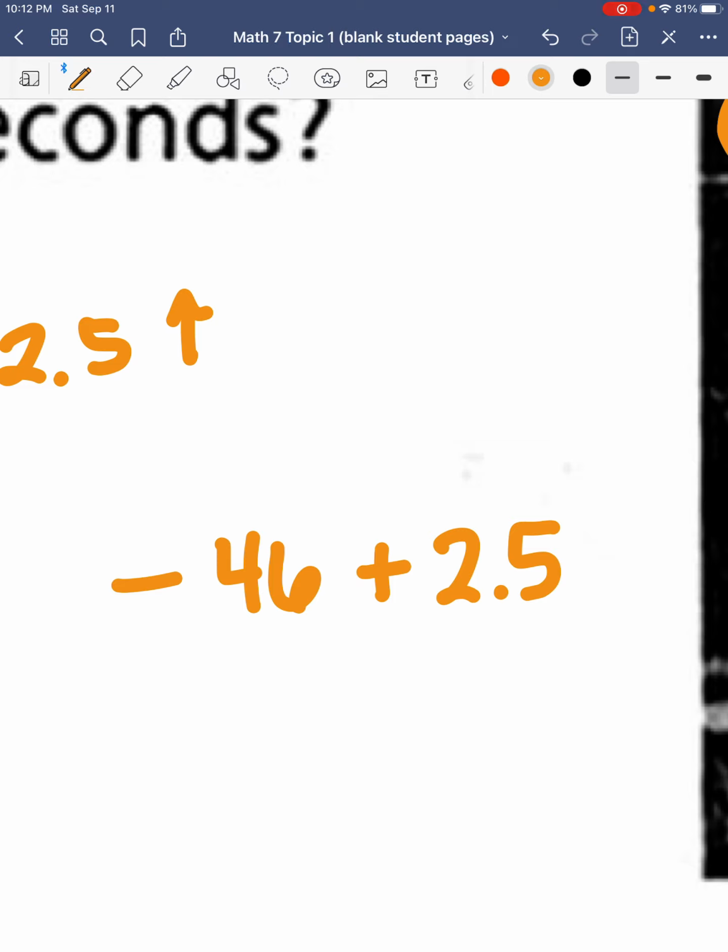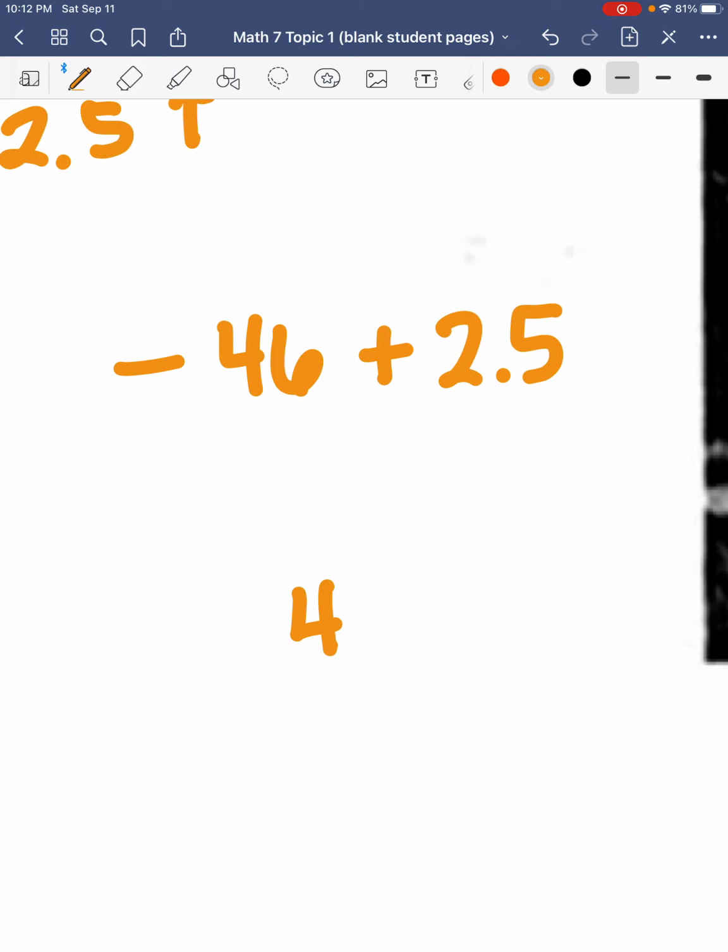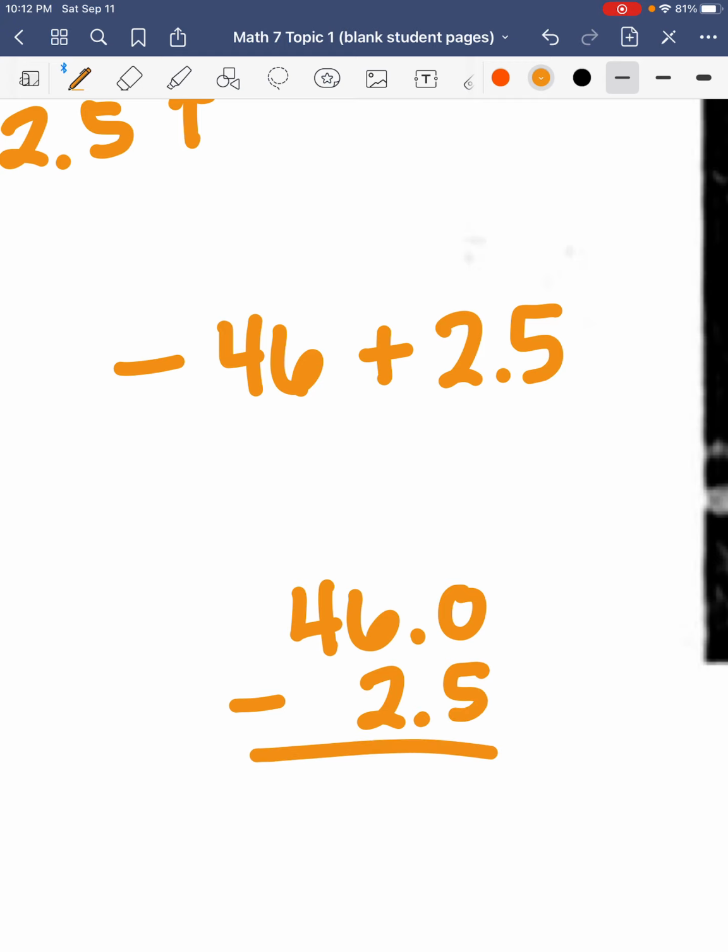So what I see is I've got 2 numbers with different signs. So I'm really going to subtract. So which number is bigger? Which one is farther away from 0? 46. So I'm going to put that one on top. So 46.0 minus 2.5. I cannot take 5 away from 0, so we'll borrow. 6 becomes a 5. 0 becomes a 10. 10 minus 5 is 5.